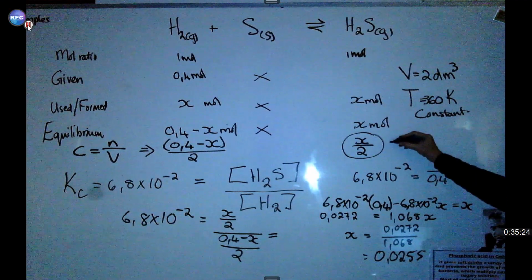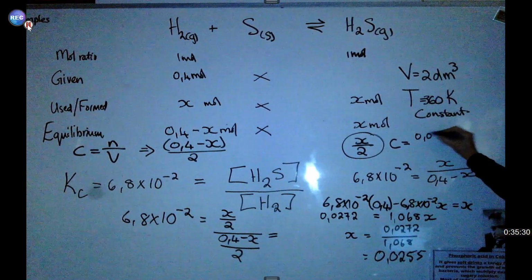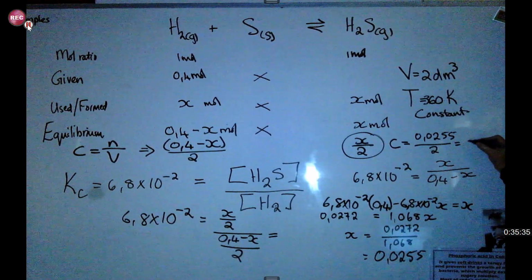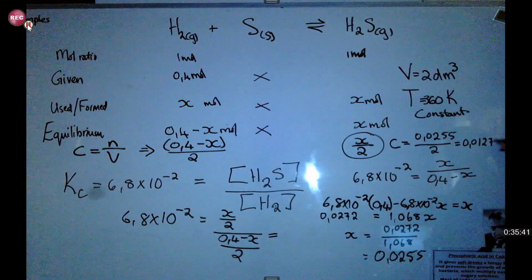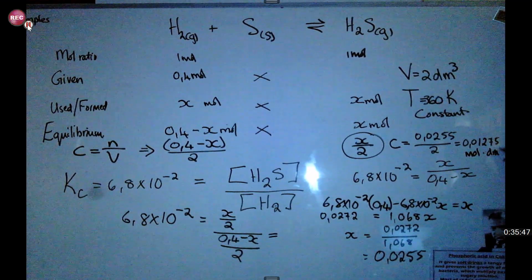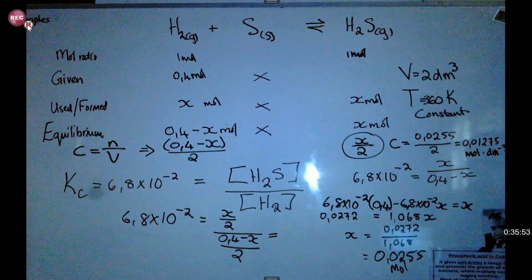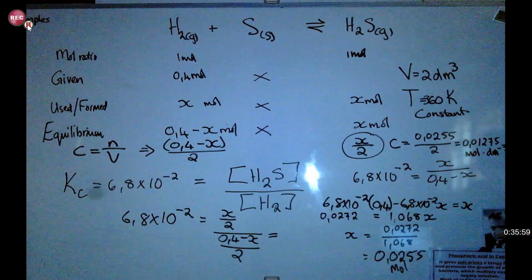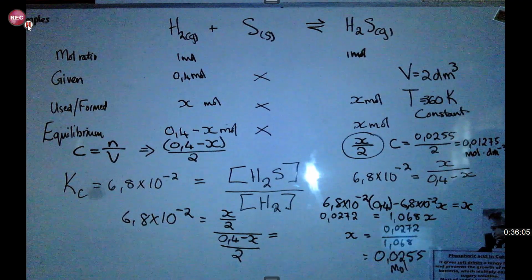We've got the X value, so the equilibrium concentration of the H2S is 0.0255 divided by 2, which is 0.01275 mole. Don't drop the unit, please: per cubic decimeter. The value of X is in moles, and they required you to get the concentration. Right, I think that's enough for today.